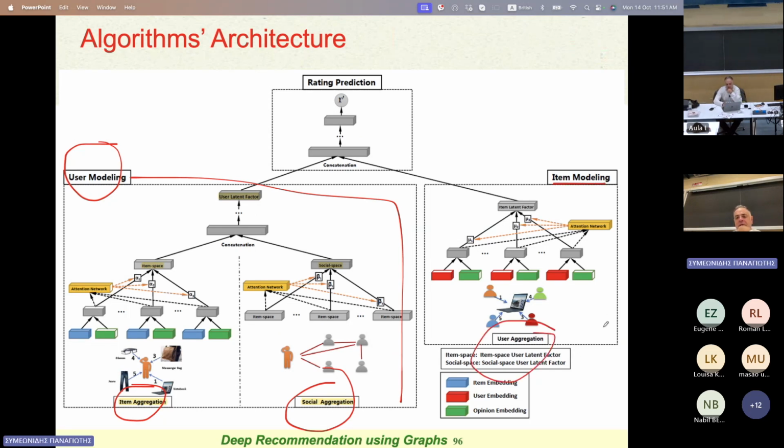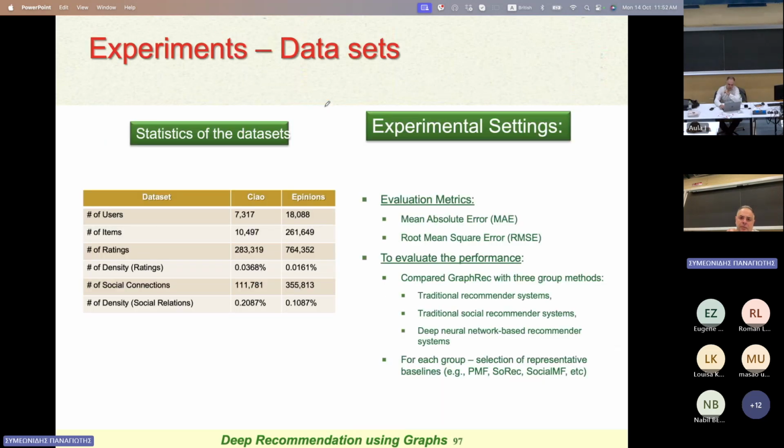So all these three different pieces of information are used in order to be concatenated in the end and provide a rating prediction, the prediction for a user over an item. Okay, this is the algorithm's architecture.